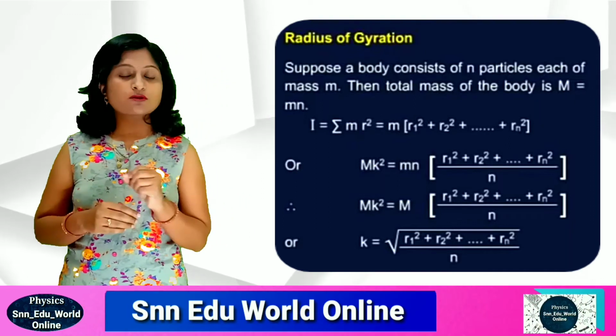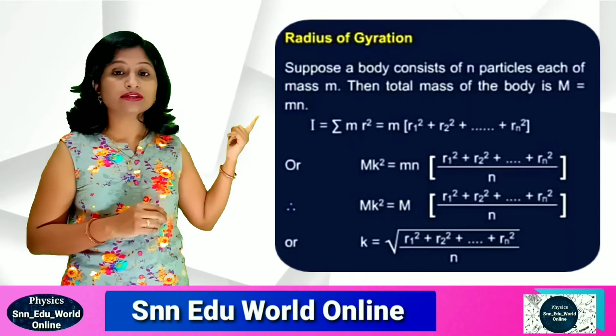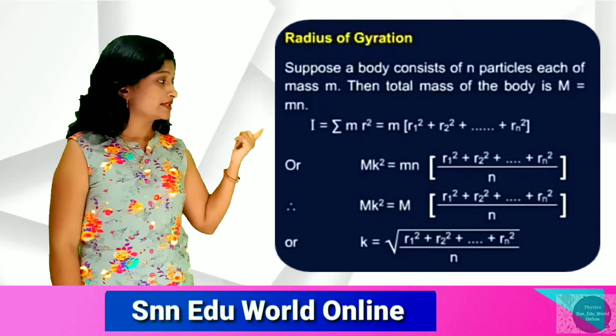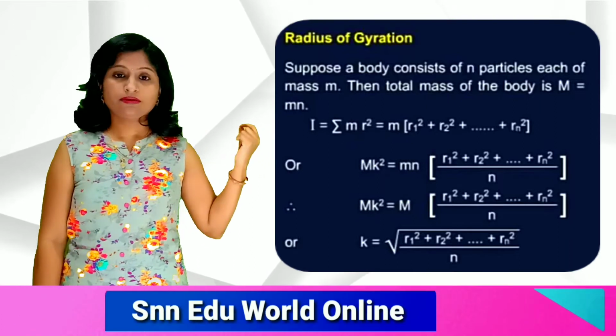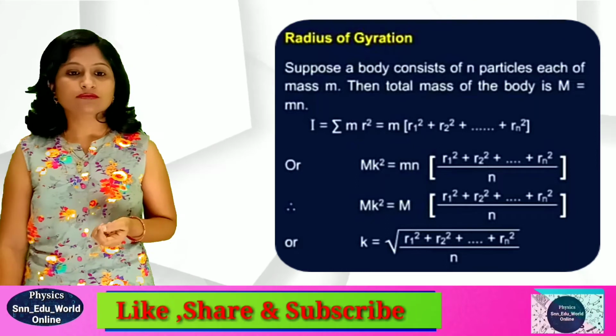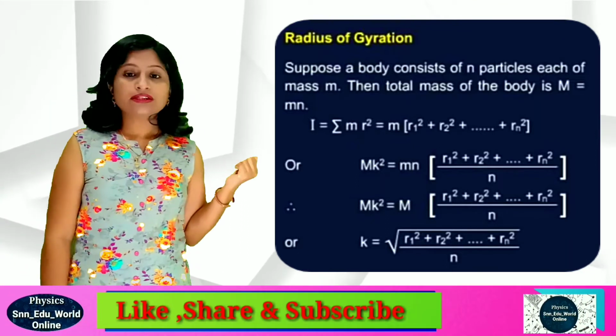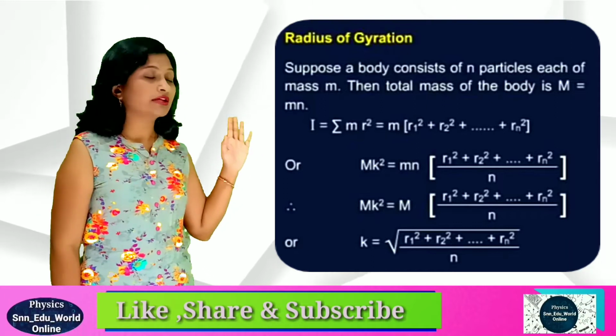So r1, r2, r3 will be there but mass m remains the same, so m is common. So I is equal to m into the bracket r1 square plus r2 square plus r3 square up to rn square.